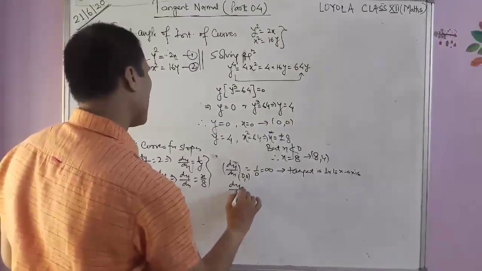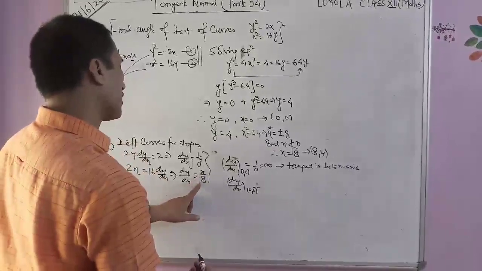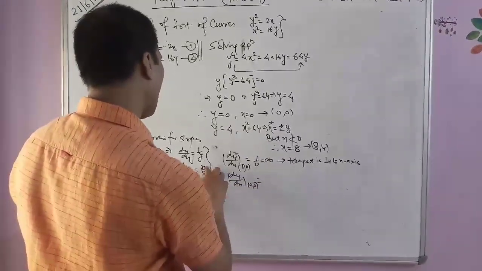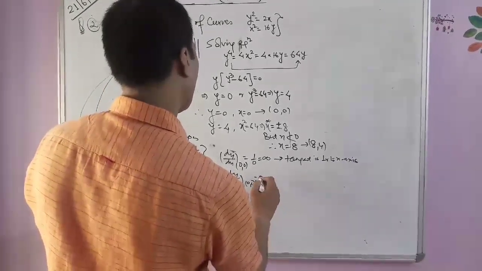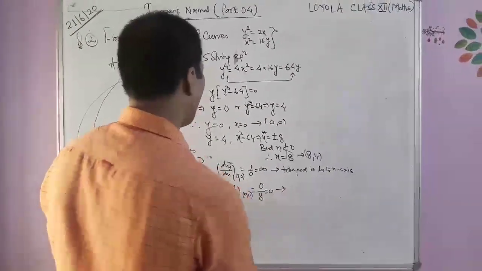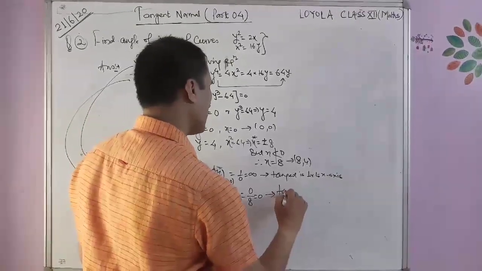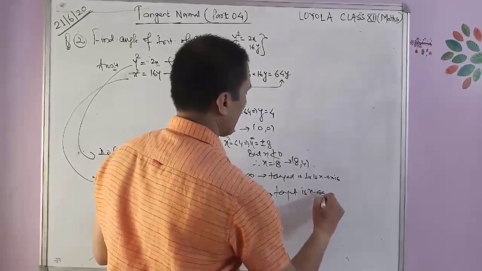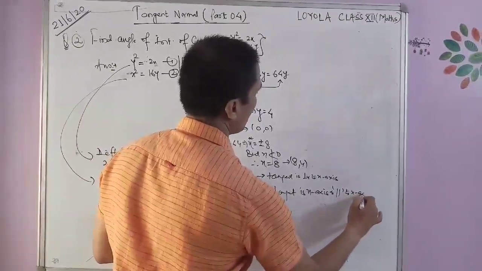For the second curve, dy by dx at (0, 0) is x upon 8, that is 0 upon 8 equal to 0. Here the slope is 0, which implies the tangent is the x axis or parallel to the x axis.